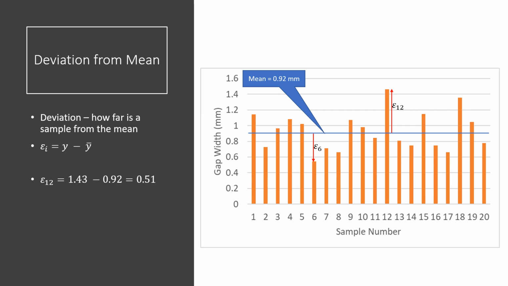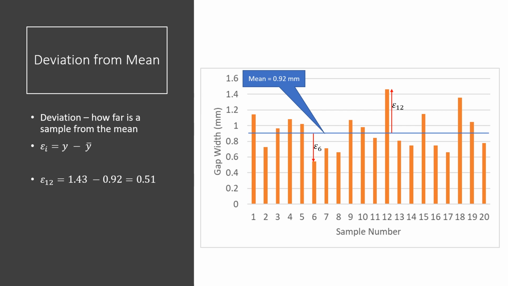Let's say the mean value is right here. In fact, for these 20 values it is slightly greater than 0.9. So you see some of the values are greater than 0.9, like number 1, number 3, number 4, number 5, and number 12 especially. And some values are less than that mean value, like sample number 2, number 6, 7, and 8.